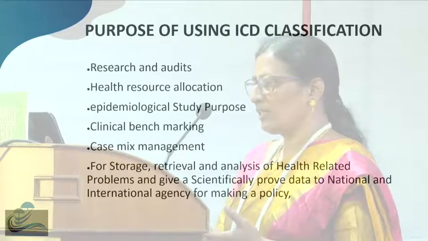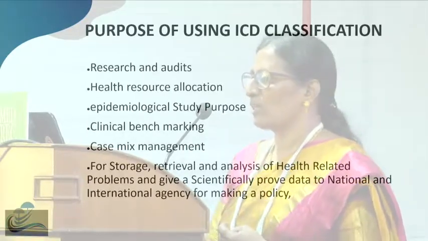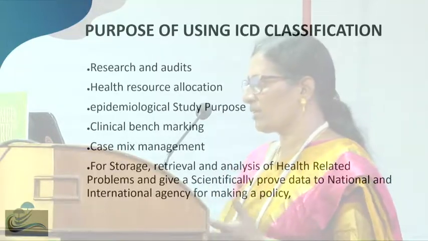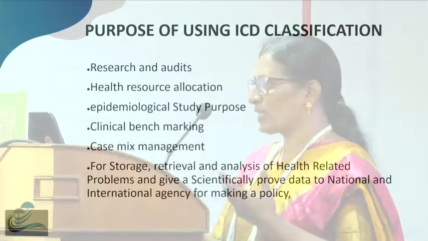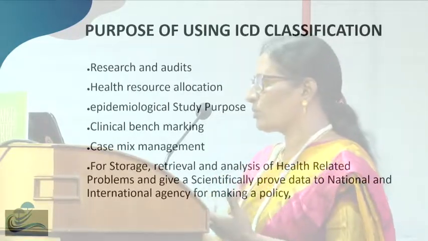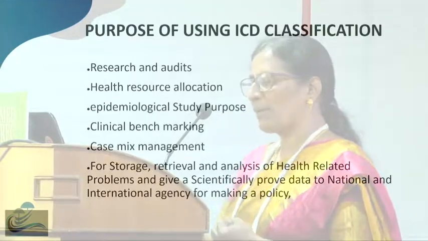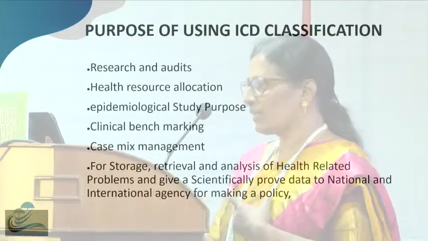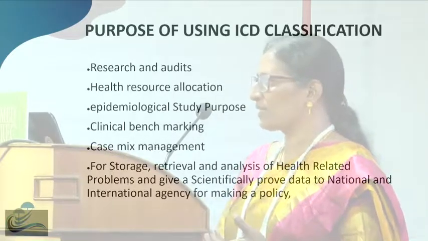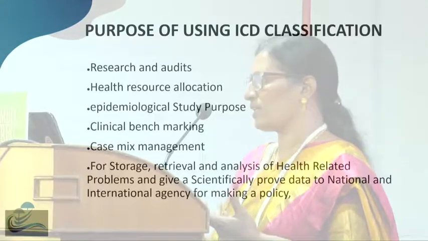Then healthcare resource allocation: according to an infectious disease occurring in an area, the government collects statistics from hospitals all over and takes remedies. Epidemiological study purposes, also infectious disease. Recently the tuberculosis policies were revised, and they are taking a study.